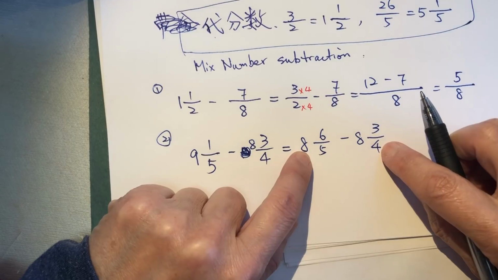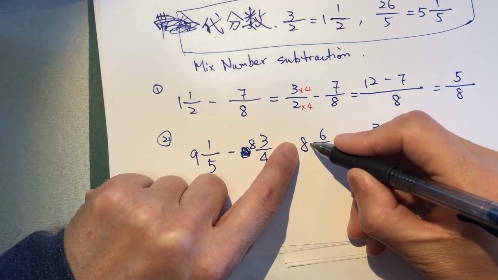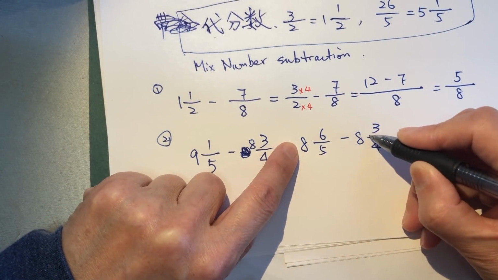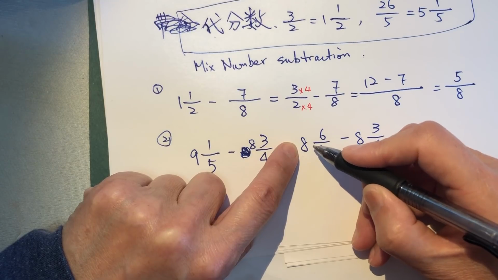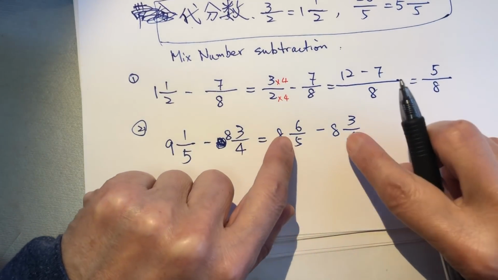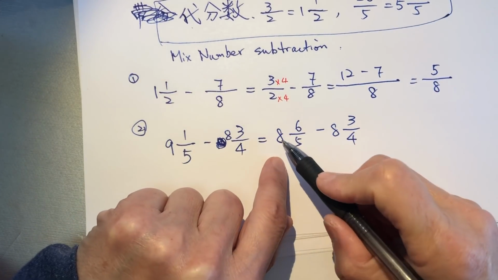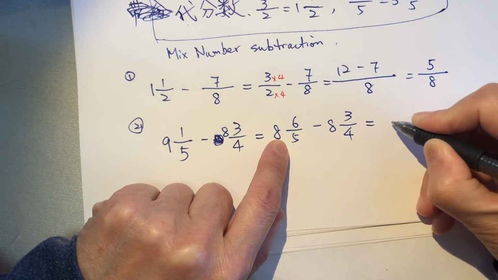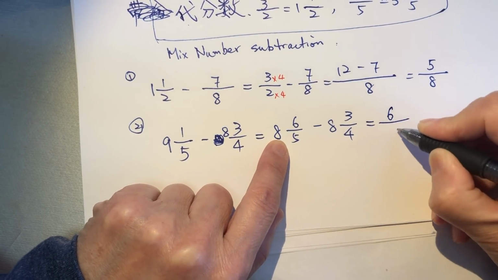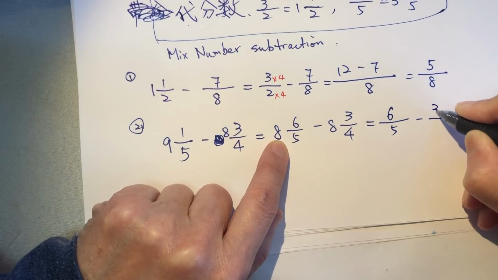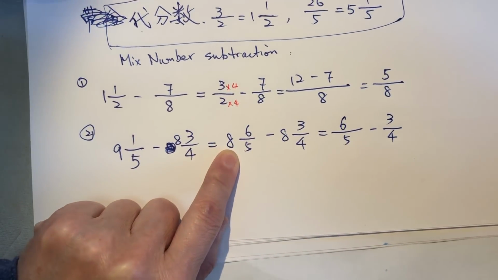The relation between these two parts is adding together, so you can subtract this 8. It becomes 6 over 5 minus 3 over 4.